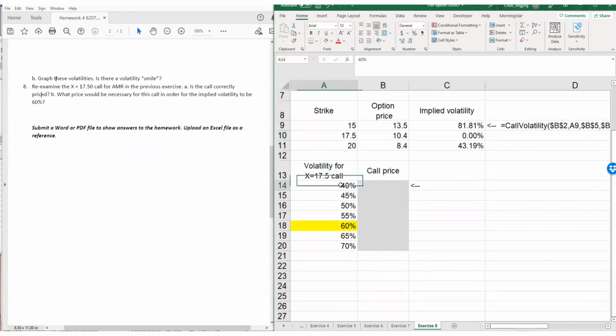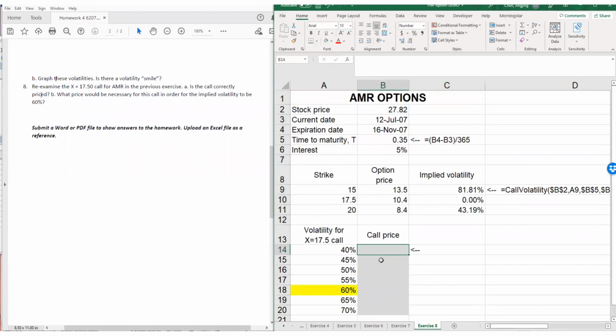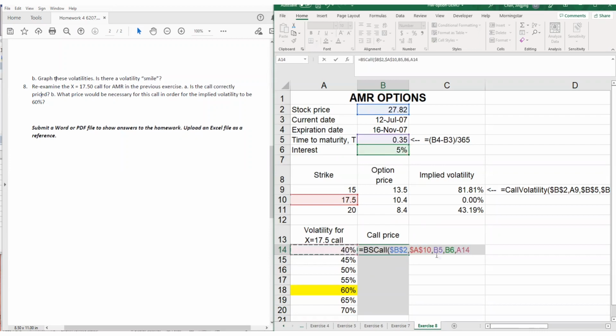So we're going to go from 40% all the way to 70% and calculate the Black-Scholes price: stock, exercise price, time to maturity, interest rate, and volatility.